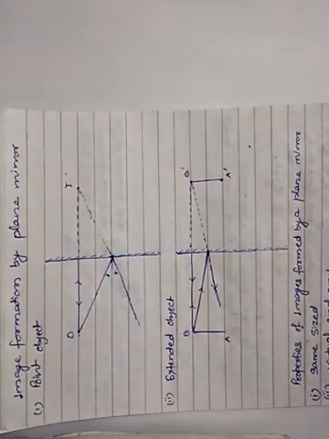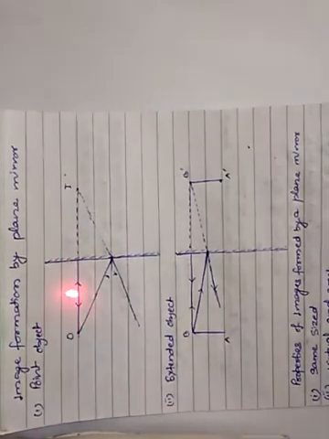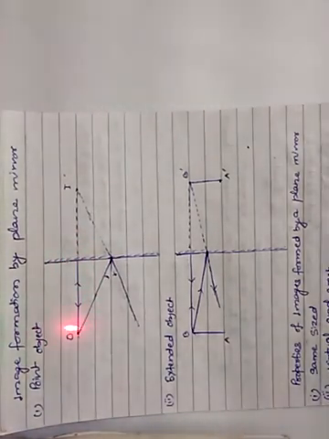Now think over its path. Let us suppose this very ray is propagating along this direction. This is the case of normal incidence. Here angle of incidence is 0 degree, so reflected ray will come back along this direction, right? Second ray, let us suppose from the object is moving along this direction.